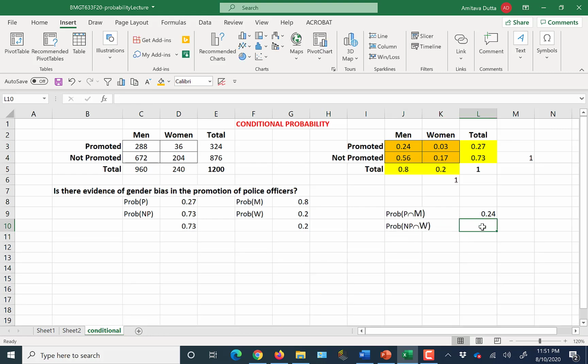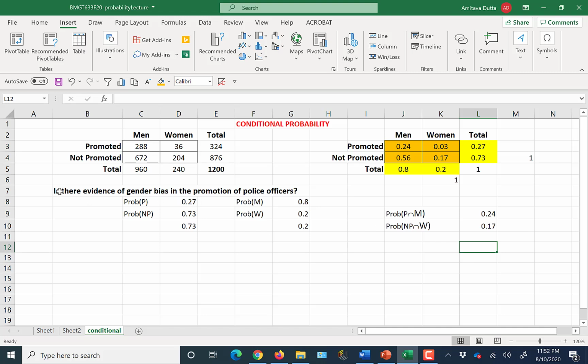So these two probabilities, 0.24 and 0.17, are joint probabilities. There are two events involved, and you want to know the likelihood of those two events happening together. One event is not promoted, the other event is the officer is a woman. So I pick an officer at random, the officer is not promoted, and the officer is a woman. That probability is 0.17.